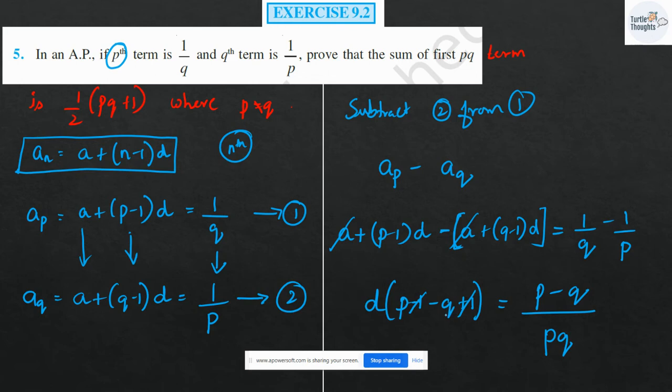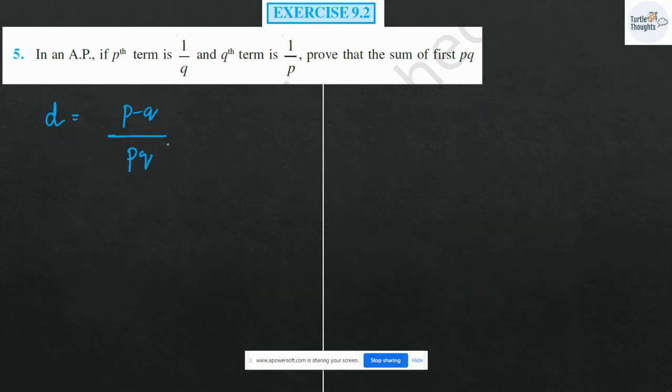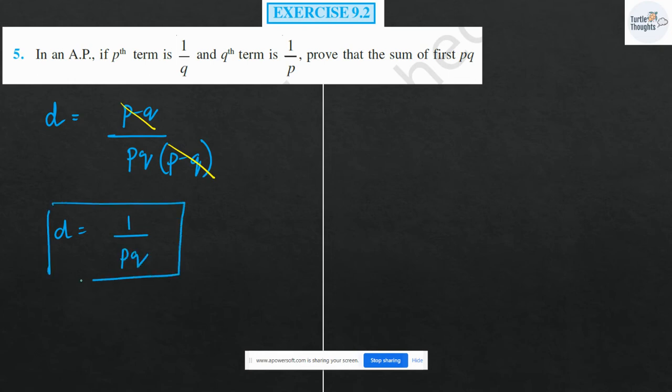I am left with P minus Q. This P minus Q I am taking to the RHS. So both the P minus Q I will be cancelling to get D as 1 divided by PQ. This will be your D.